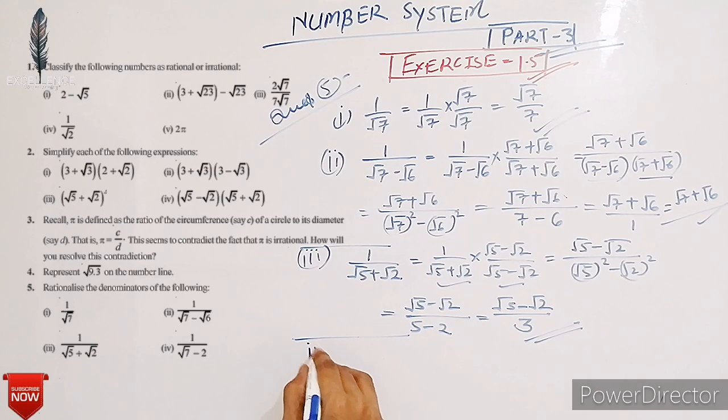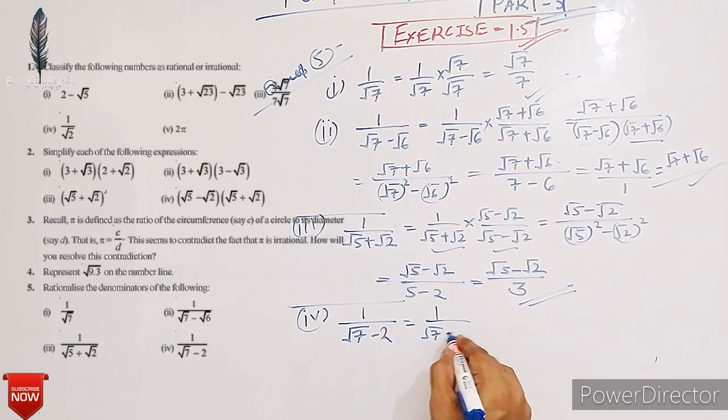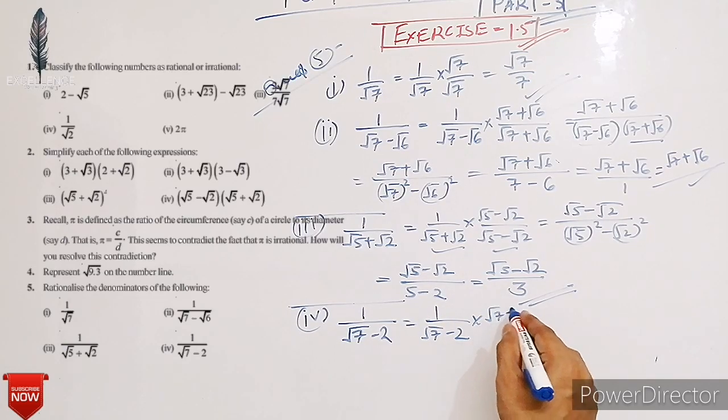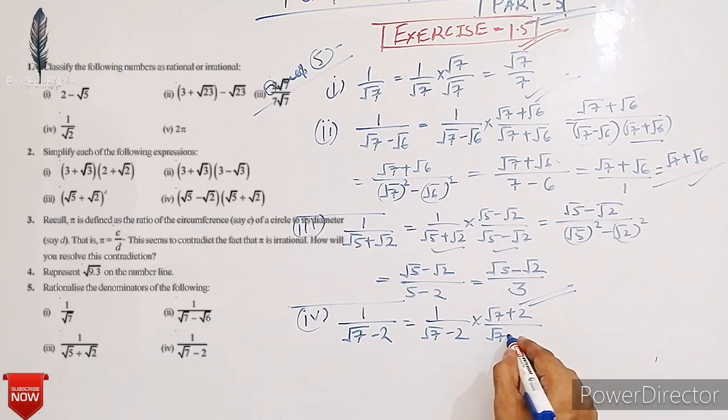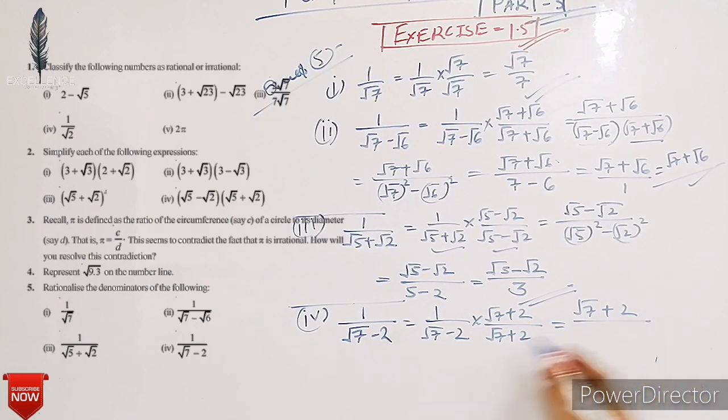Now question number 4th. 1 upon under root 7 minus 2. So here 1 upon under root 7 minus 2 into under root 7 plus 2 upon under root 7 plus 2 is equal to under root 7 plus 2.